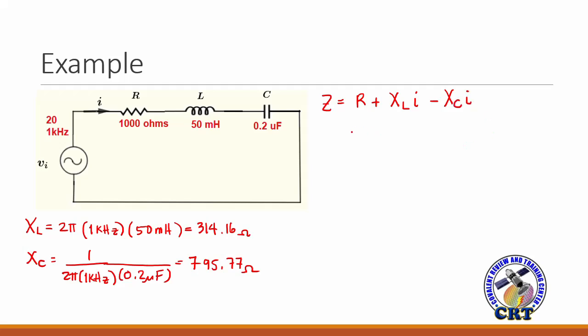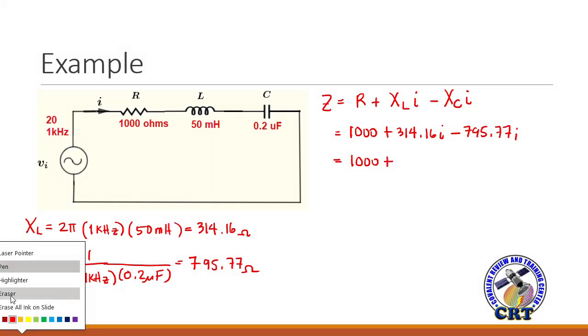So this is 1000 plus XL, 314.16 i, minus XC, 795.77 i. Perform the operation. We have 1000 for the real part.